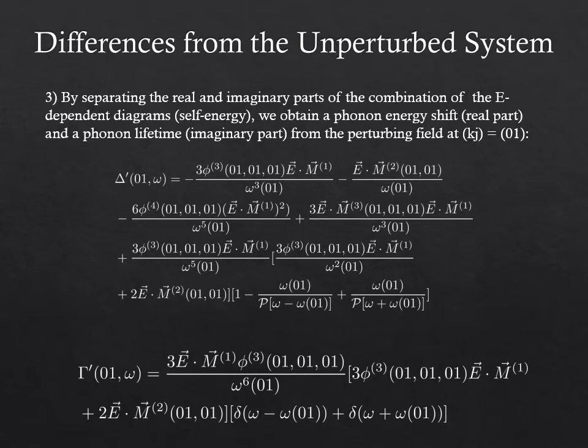But here I only added the contributions from the new parts of the Hamiltonian, aka the M-dependent or E-dependent diagrams. You can see that all these terms depend highly on both the M's and the Φ's. So you get a strong coupling between the anharmonicity and the external field of a system, which is one of the main reasons why it's important to consider terms of higher order in your lattice dynamics to get accurate results for, for example, phonon energy renormalization or phonon width.